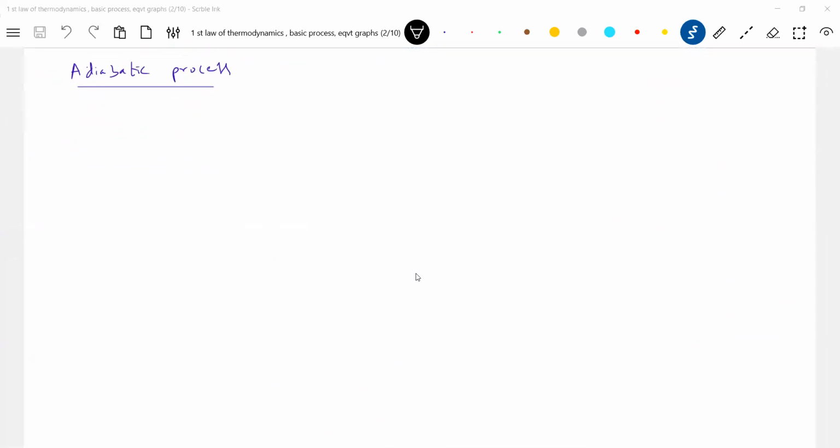Adiabatic process. So it's a process in which no heat exchange. I don't have cursor movement. You're able to see screen, huh? Yes, sir. Yes, sir. Yes, sir. Yes, sir. It is not showing any.